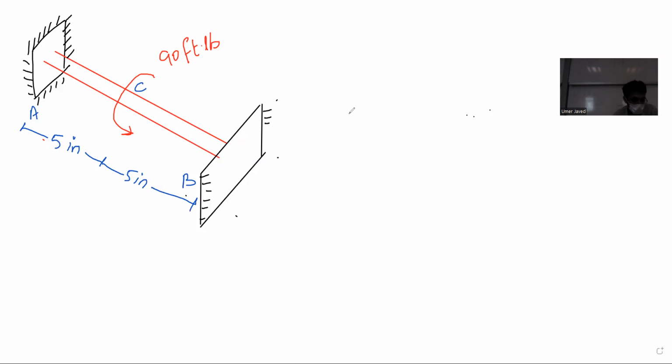Okay, you have to find TA equal to question mark, TB equal to question mark.